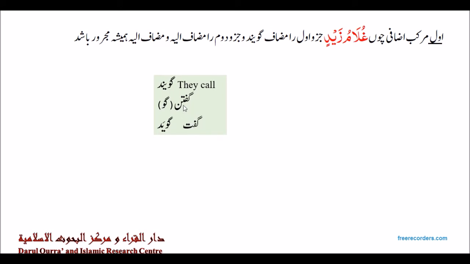That's the past tense made from guft. From the go, from the stem that you'll find normally in the dictionary, from here we make the mudari, the present tense or the future tense. And the way we make that is by adding a dal at the end, which has a fatha before it.